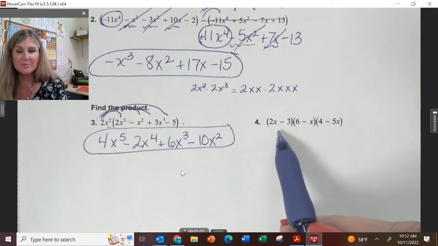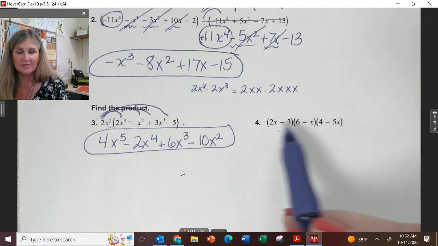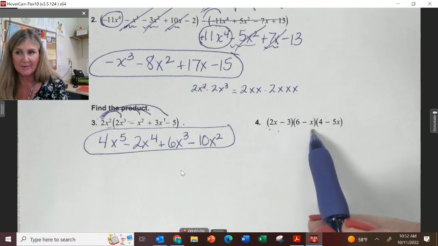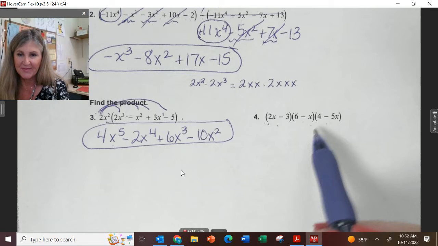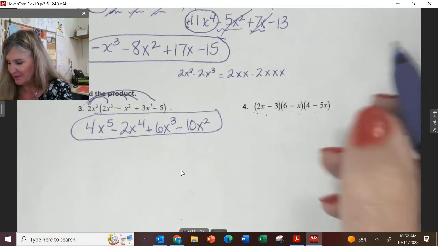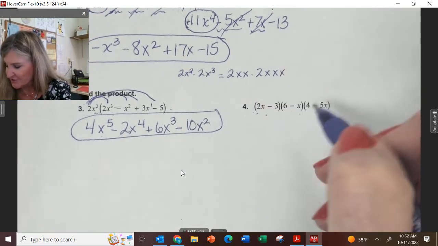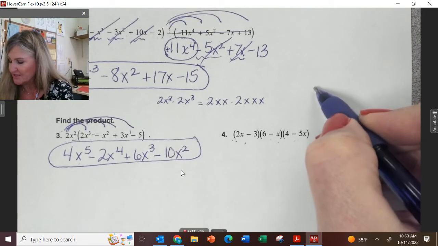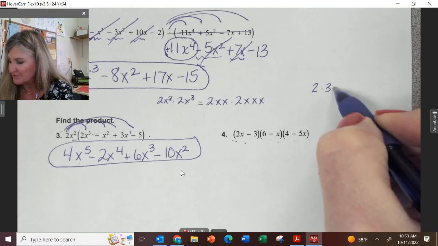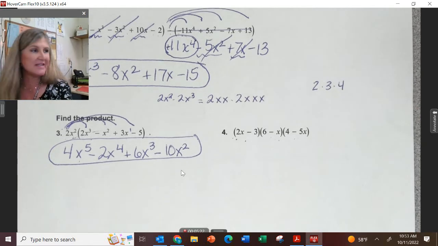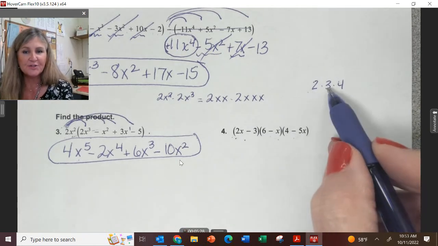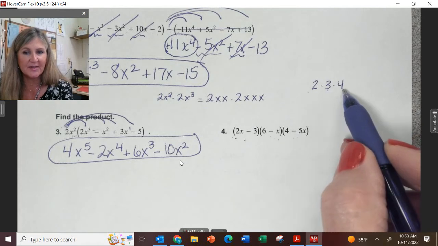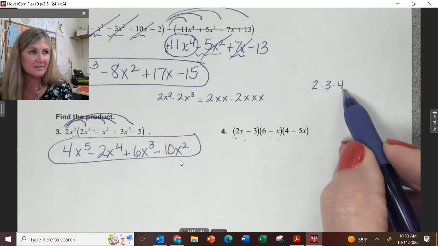Now, if I have to multiply 3 binomials, this is going to take a little time. Not the most fun thing to do, but let's look at it and actually work it out. If I'm multiplying any 3 numbers, like let's say I'm multiplying 2 times 3 times 4, what's the answer to that? 24, right? I do 2 times 3, I get an answer, and then I multiply by 4, correct?